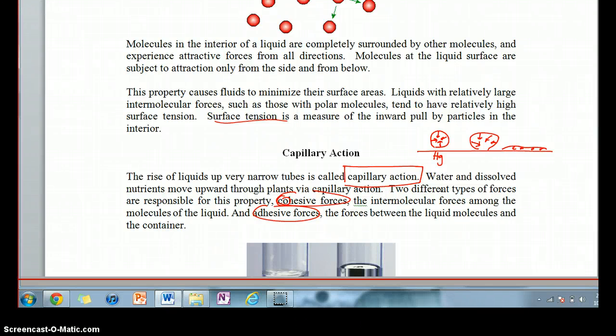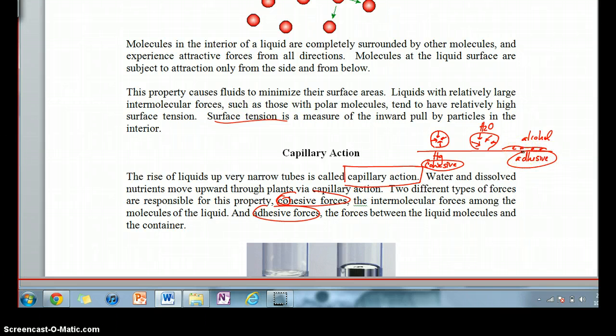If we're thinking about something like mercury, that has a high degree of cohesive forces. Water is kind of in the middle, and alcohol has a high degree of adhesive forces.